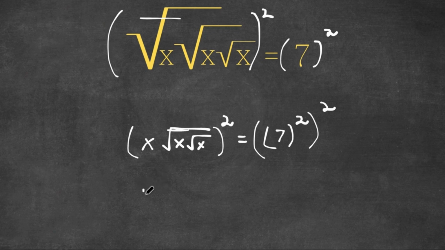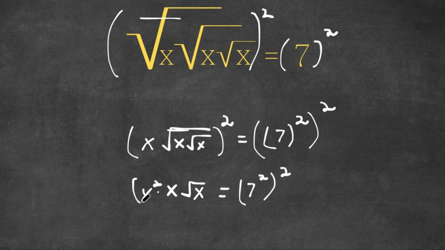So now we have x squared times x times the square root of x. Now this is equal to 7 squared to the power of 2.